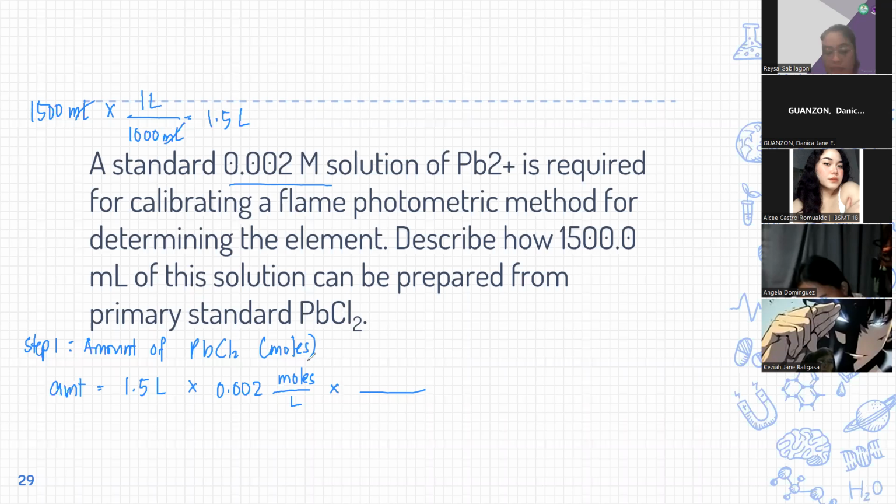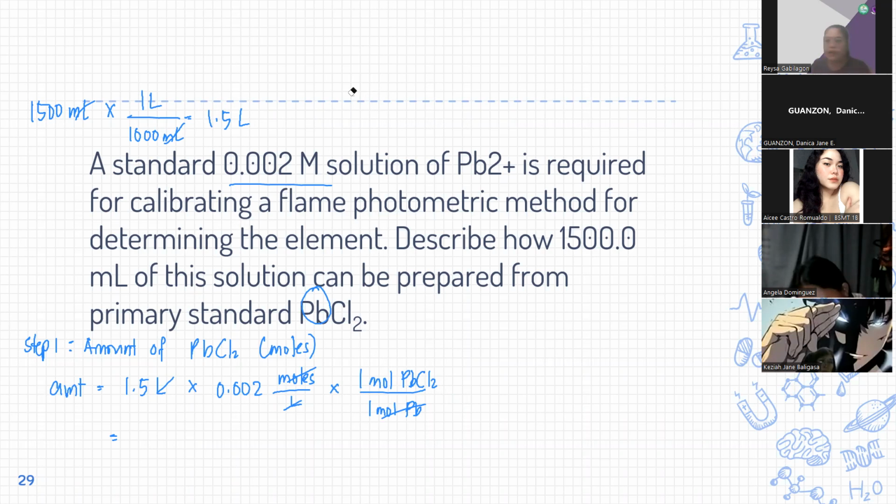Sa baba si lead ha, since itong moles na ito para kay lead, so sa baba siya. Take note, 1 mole of lead kasi isa lang siya sa isang mole ng the whole lead chloride. So cancel the liters, cancel the moles. We will be left, dito na lang pala sa baba, with mole of the lead chloride.